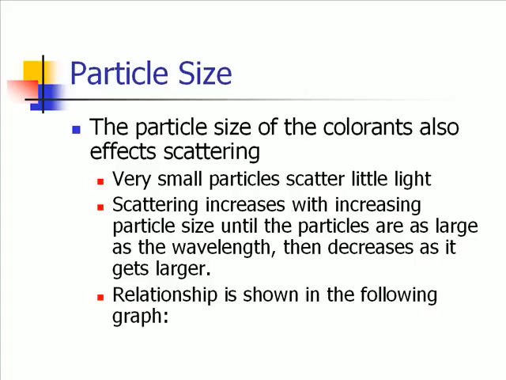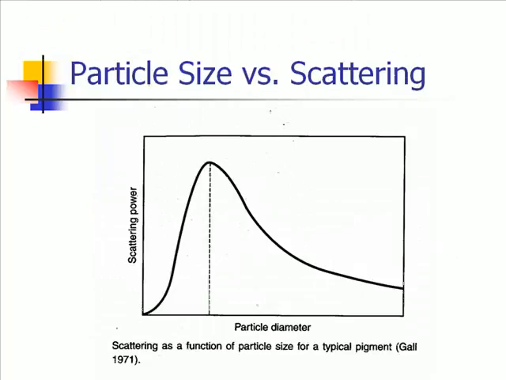So we have a graph. We always like graphs in science and math. So here's a graph. This shows on the bottom the particle size. As we go to the right, the particle size gets bigger. And as we look at the graph on the left side going up, the higher the graph, the more scattering you get. So there's an optimum size where this dashed line is that is the optimum for scattering.